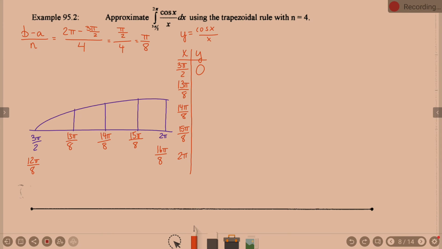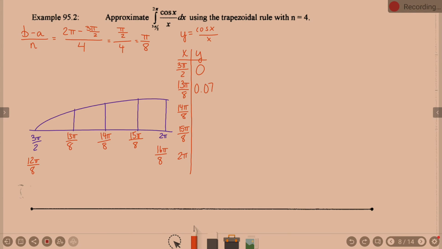You could. Since you do already have it graphed, you could hit trace and type in, for instance, 13 pi divided by 8. Or you can just plug it in normally. I have 4 decimal places written down in my notes: 0.0496.